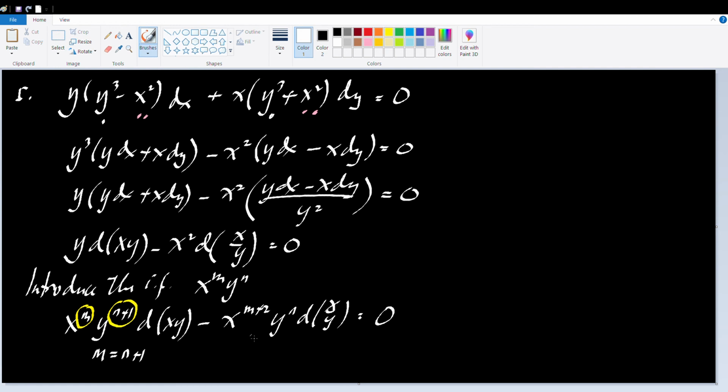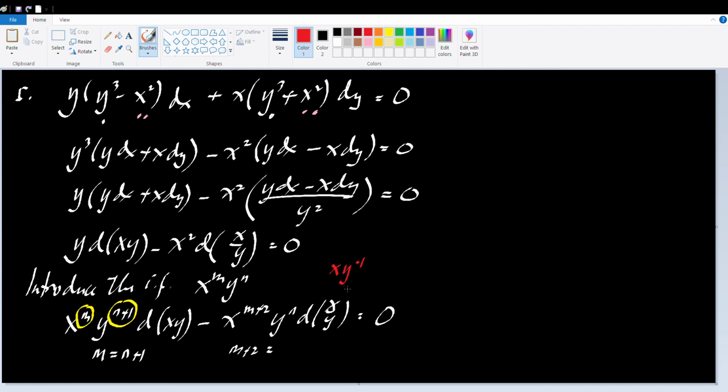On the other hand, if x to the m plus 2, y to the n is an appropriate coefficient for the differential of xy, the exponent of x, which is m plus 2, must equal the negative of the exponent of y, no? Because the differential of x over y is actually x y to the negative 1.